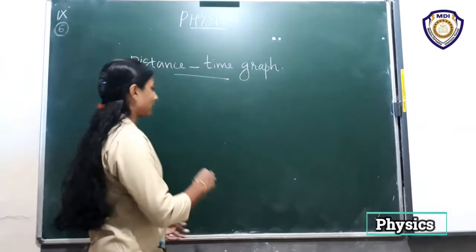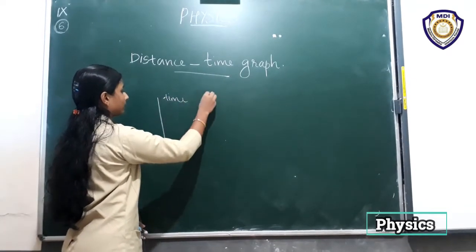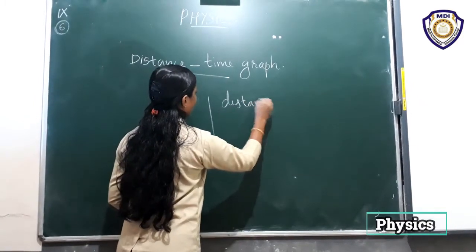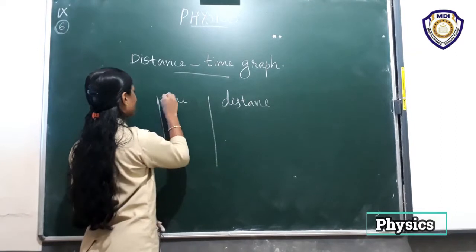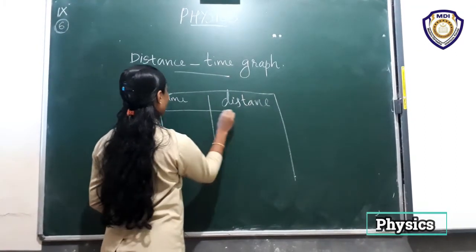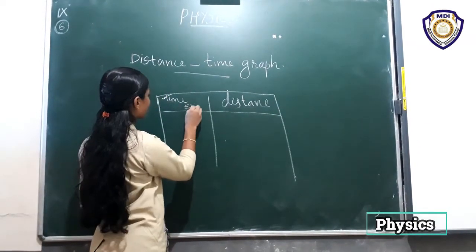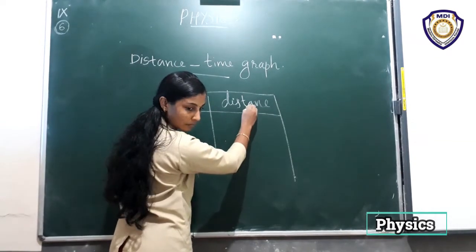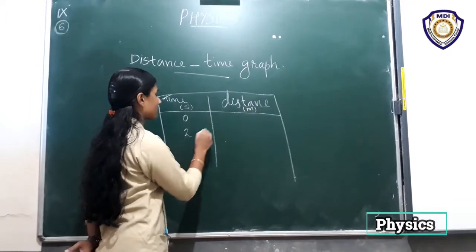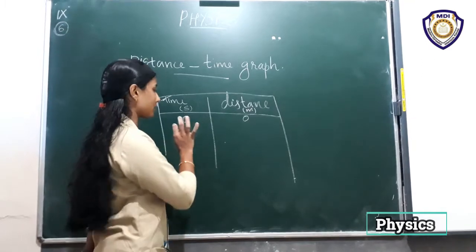I will give the table here. That is time in seconds, distance in meters. At 0 seconds, the distance is 0. That means at first the object is at rest.